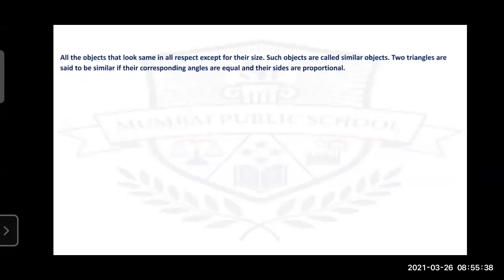First, all the objects that look the same in all respects except for their size are called similar objects. Two triangles are said to be similar if their corresponding angles are equal and their sides are in proportion. See in the figure, there are various diagrams.